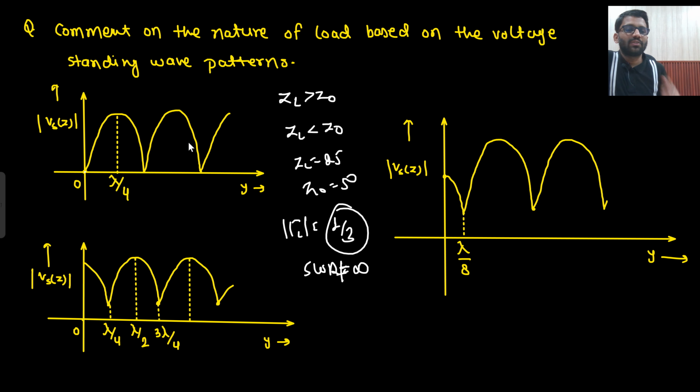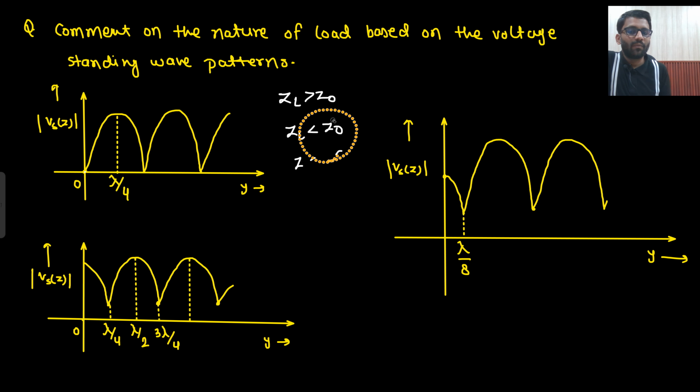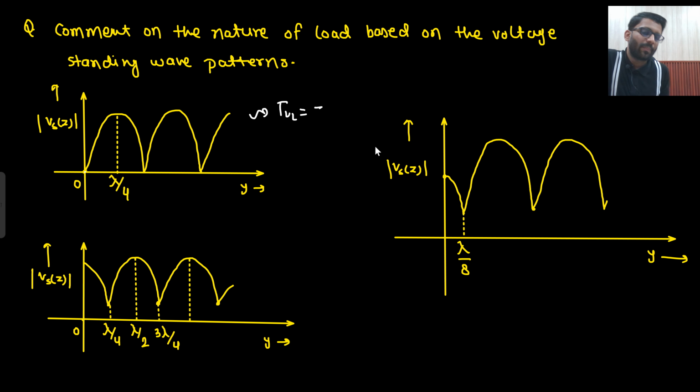Now you need to think whether it is short circuit or open circuit. So what is occurring first? Voltage minima is occurring first. That means your gamma VL would be negative. And what it will be equal to? It will be equal to 1 only. So from here I can tell that my gamma VL will be equal to minus 1. Why is that so? Why minus sign? Because voltage minima is occurring first. And now why 1?